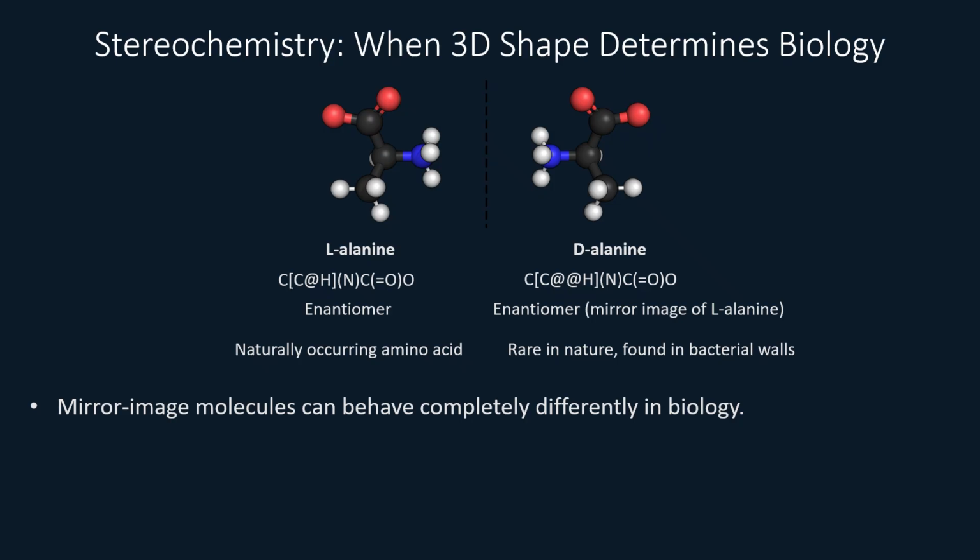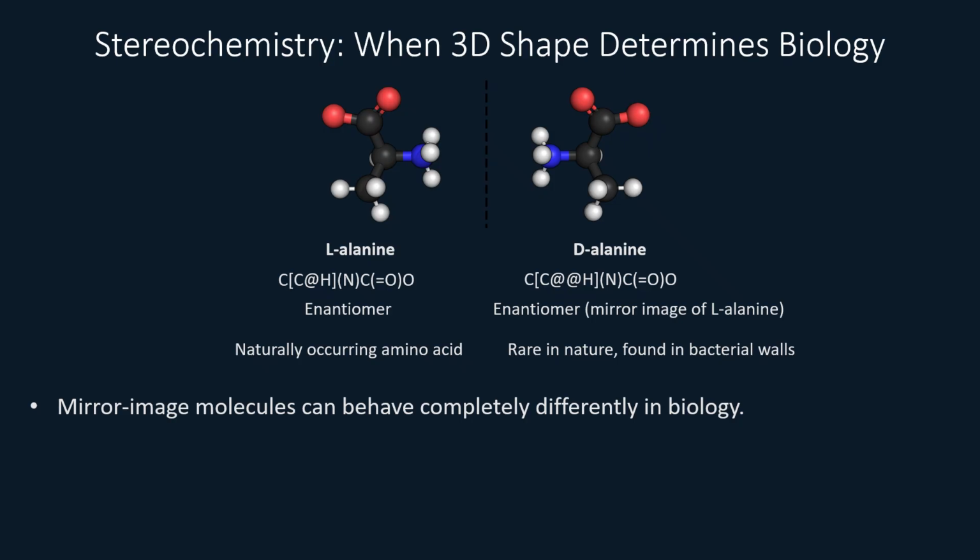So, in SMILES, the only difference between these two molecules is the use of @ versus @@ to encode configuration. Without these stereochemical tags, both collapse into the same 2D representation.